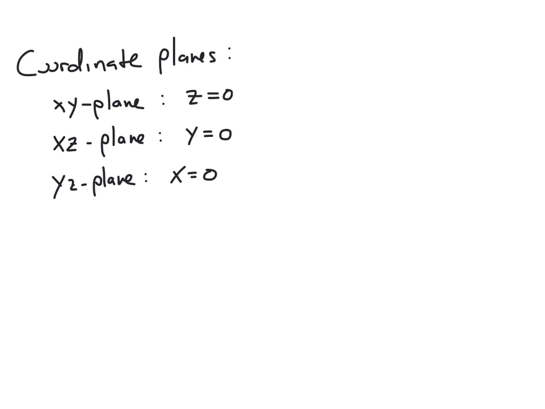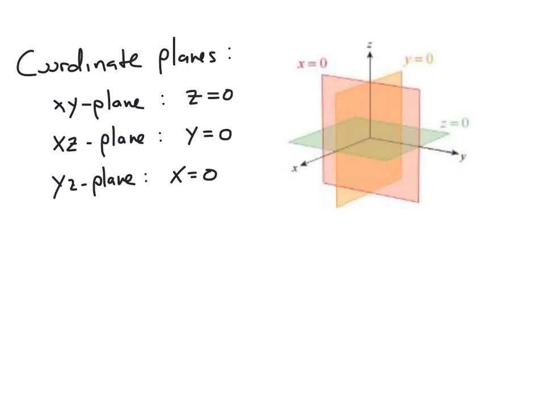Right, so these three planes are the three planes that we get by picking two of the three axes and taking the unique plane that goes through those two lines. Here is an image of those three planes. The xy plane would be the desktop or the tabletop in front of you. That's illustrated in the green here, which is z equals 0. The xz plane is the yellow or orangish one that goes through the x and the z axes.